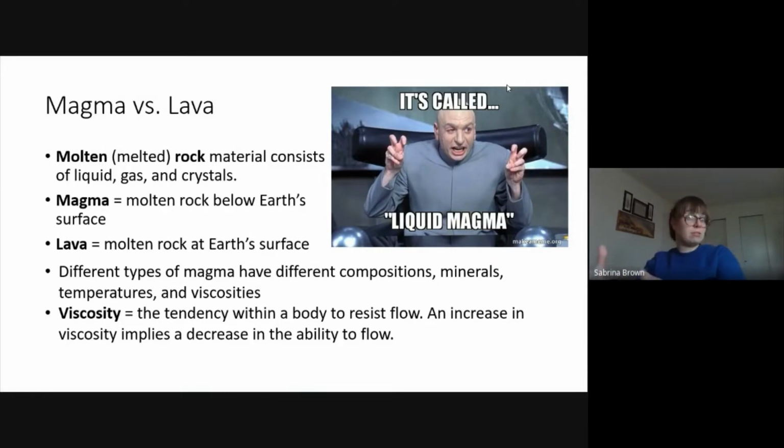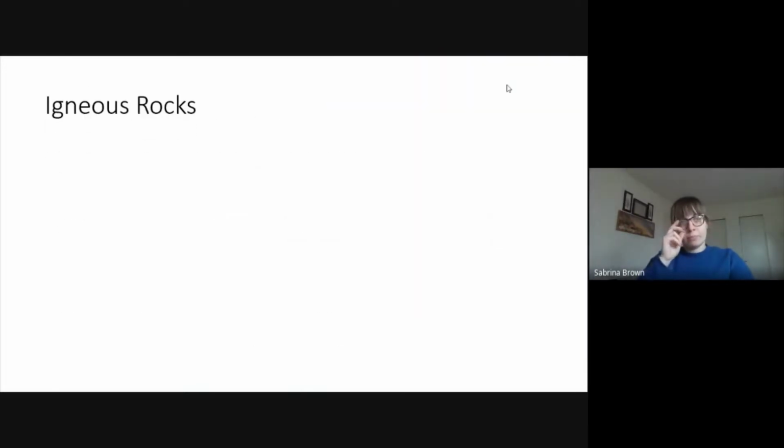Toothpaste is very viscous, but viscosity is important when we're talking about magma. And in class, when we're face-to-face, we will talk about an example of viscosity, and I can bring up a short video to show you visually what differences in viscosity look like.